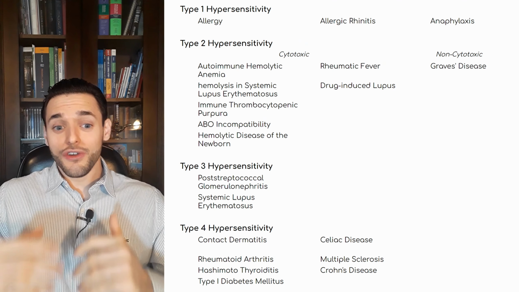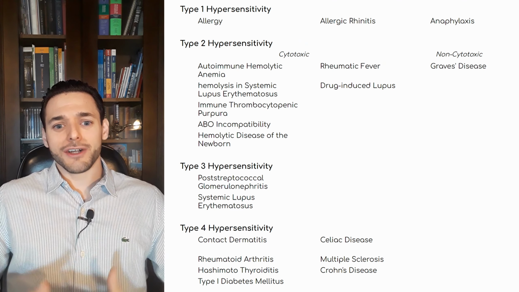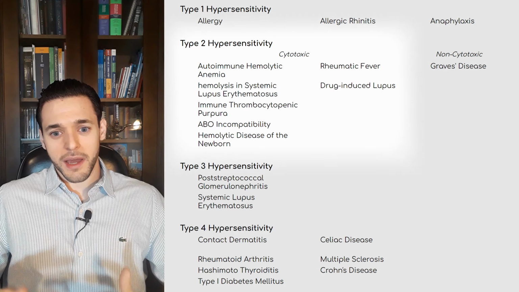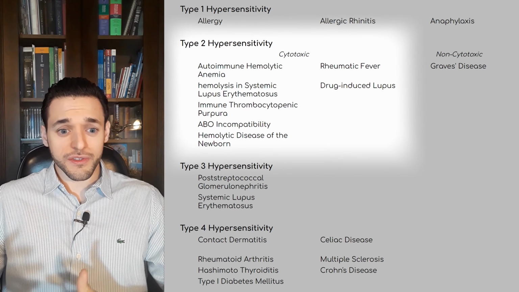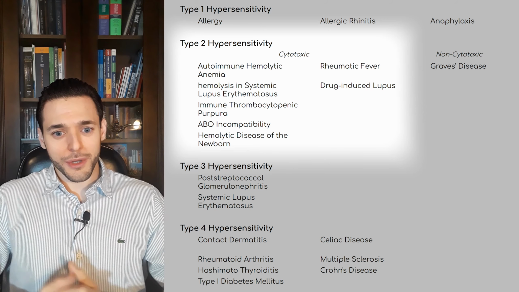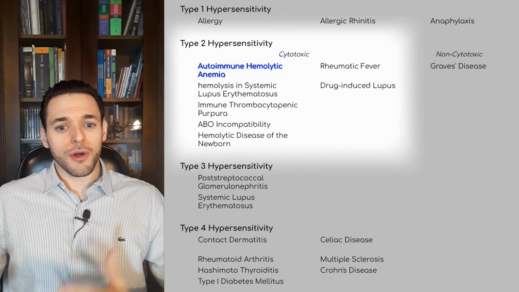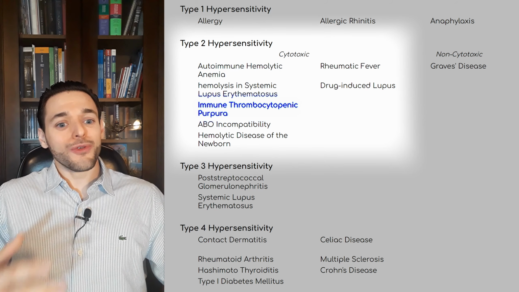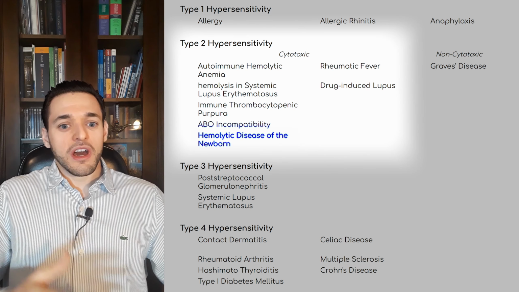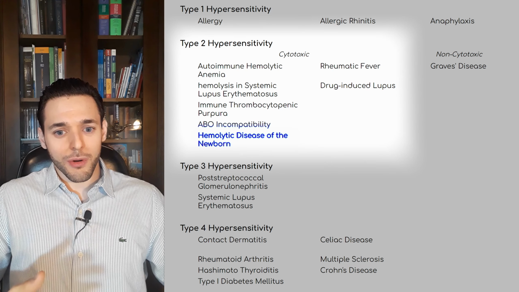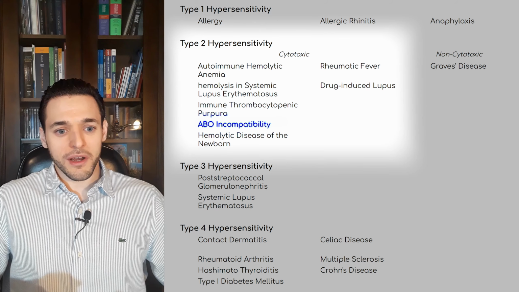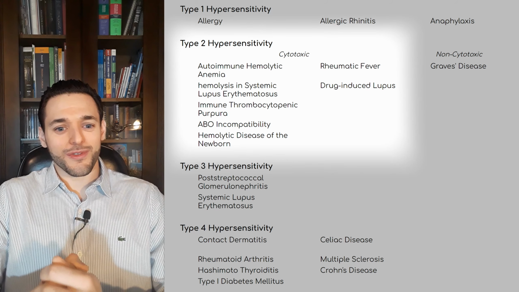And by now, you've probably realized a large portion of cytotoxic type 2 hypersensitivity reactions concern blood autoimmunity. Autoimmune hemolytic anemia, autoimmune thrombocytopenic purpura, hemolytic disease of the newborn, and ABO incompatibility reaction are great examples.